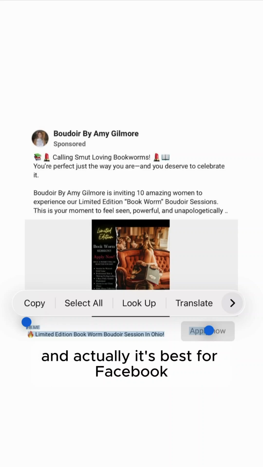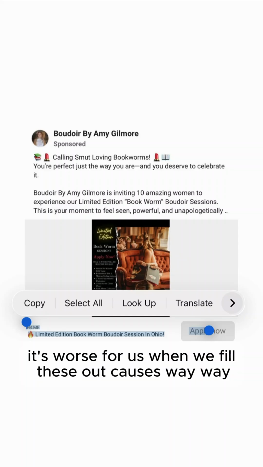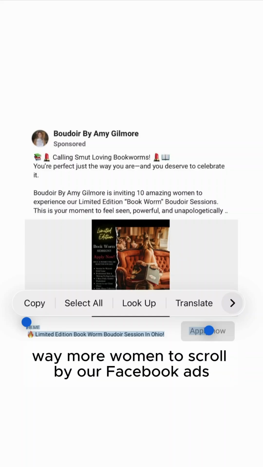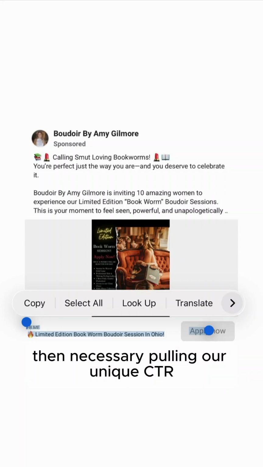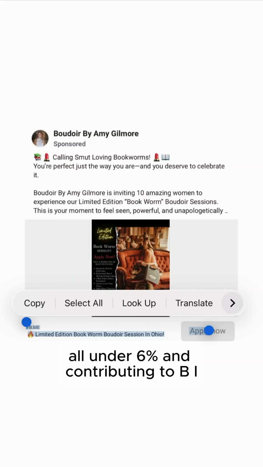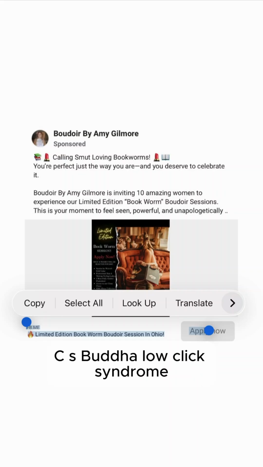And actually it's best for Facebook, it's worse for us when we fill these out. It causes way more women to scroll by our Facebook ads than necessary, pulling our unique CTRL under 6% and contributing to BLCS, Boudoir low click syndrome.